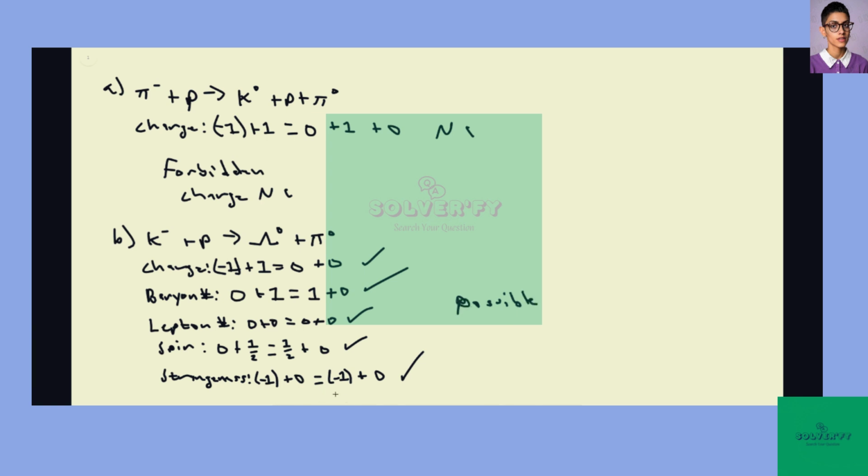Possible. All right, so let's create a new page here. For C, we have a positive kaon plus a neutron collide and form a positive sigma plus a neutral pion plus a photon. All right, so now let's look at our conservation laws.